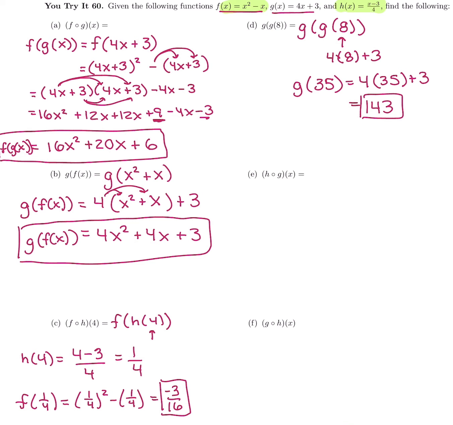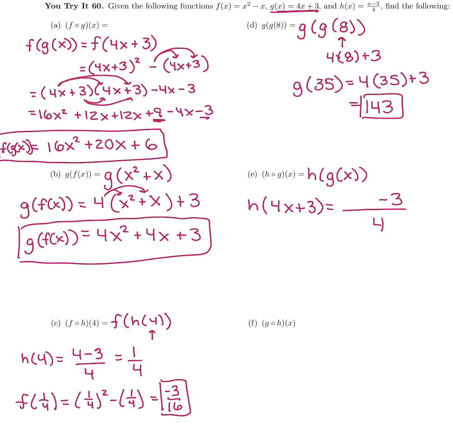Now I have a couple more functions to find. I'm plugging in x's, so I'm going to get answers with x's in them, not numbers. I have h of g of x, which means I'm going to go into the function h and replace the x's with what g of x was. G of x is 4x plus 3. So I'm going to go into h, which was really x minus 3 over 4.